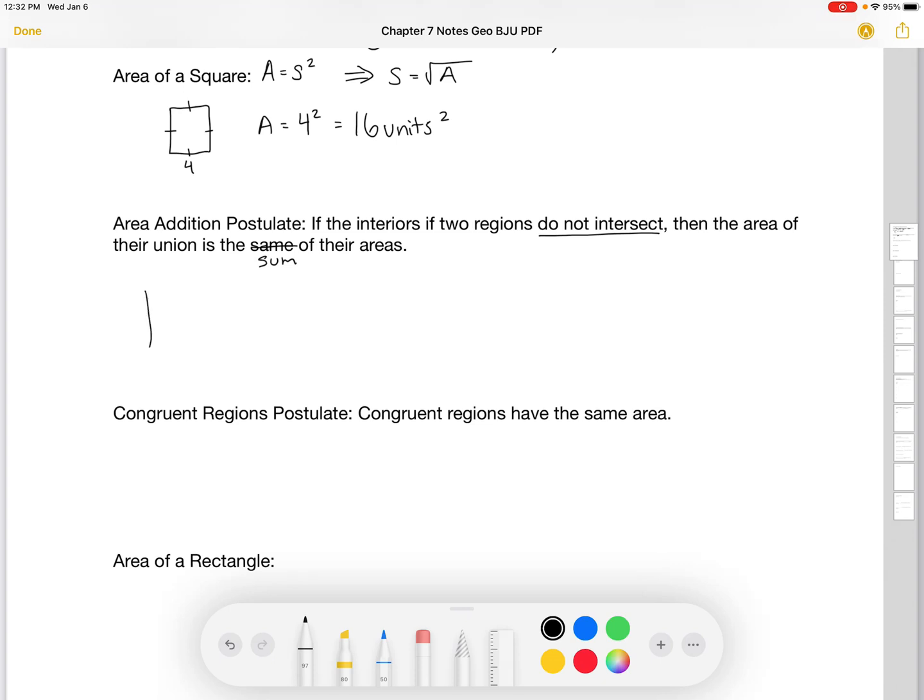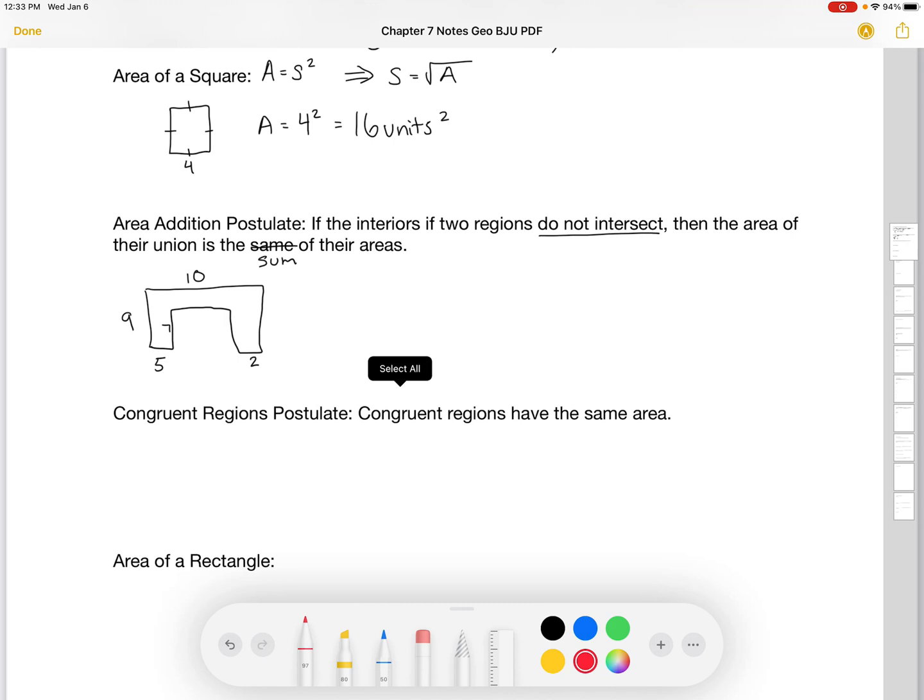If I was given this figure, and it says that this is 9, 10, 5, 7, and 2. I could break this into its sections that don't overlap, and then I could add the areas.